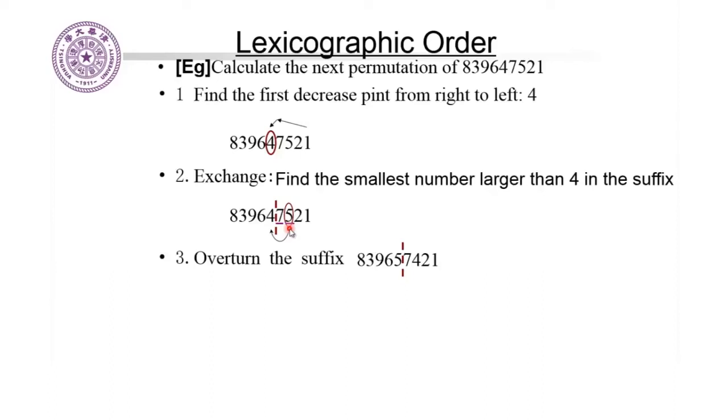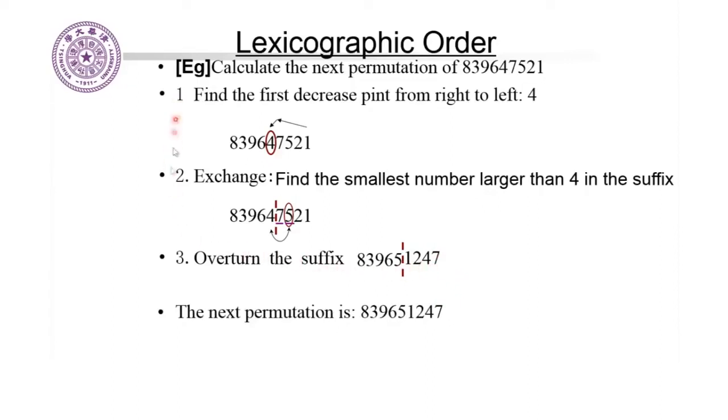Now, we need to guarantee the suffix to be the smallest. 7, 4, 2, 1 is ascending from right to left, so it's the largest suffix. If we want to make it smallest, we only need to flip it over and make it 1, 2, 4, 7, which is ascending, and it's the smallest one.